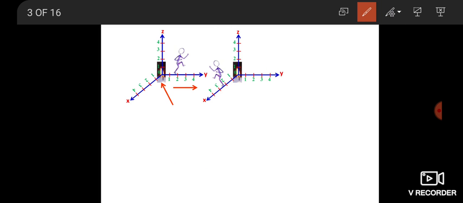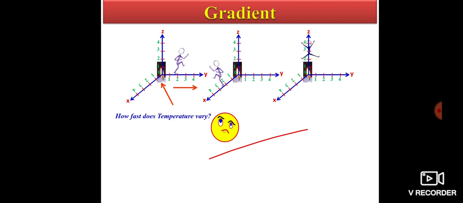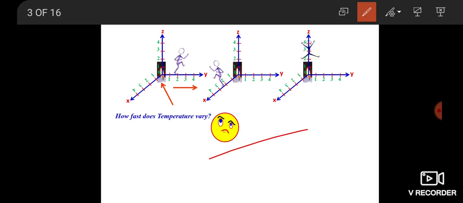Now, let's take the third situation. Here, you are moving along the upward direction and consider the rate of fall of temperature is 5 degrees centigrade.